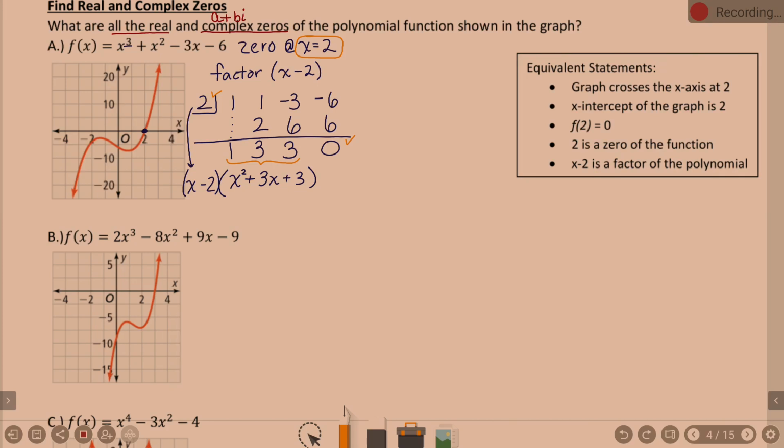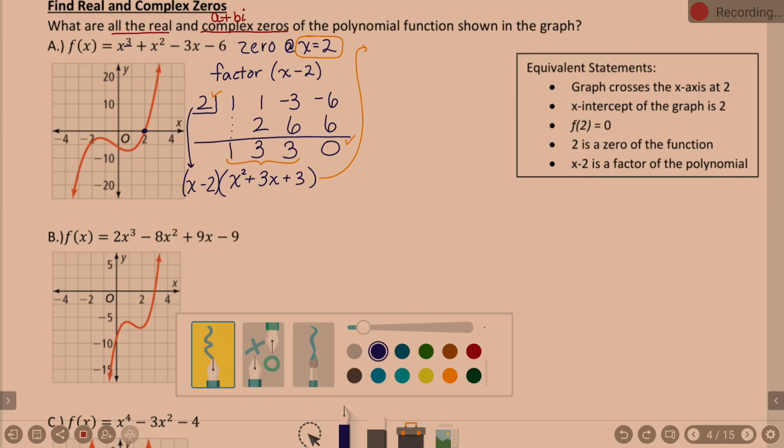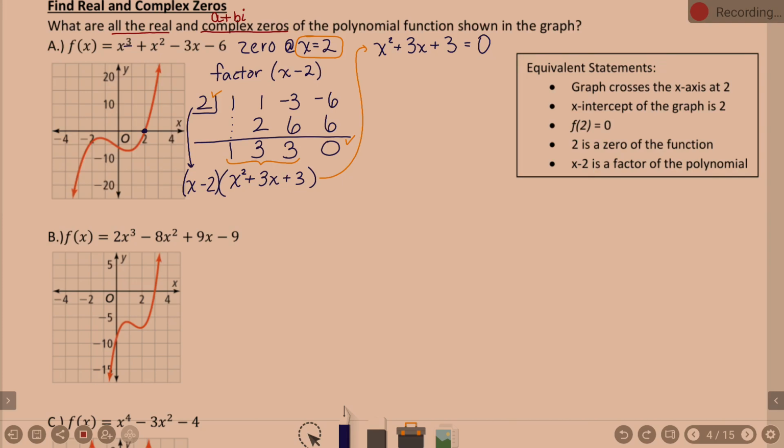So let's look at our options here. I'm going to take this factor of x squared plus 3x plus 3 and set equal to 0. The question was, do we need to factor it? I would love to factor it. But keep in mind, what kind of answers are going to come out of this?